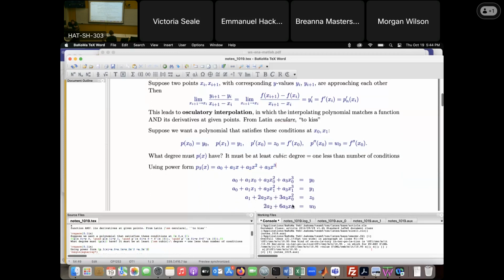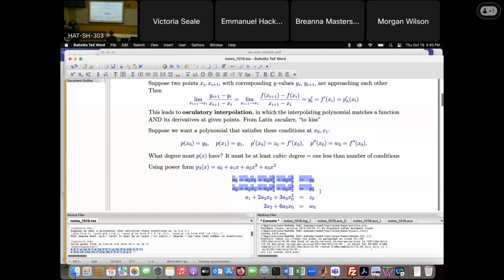So now I set up a system of 4 equations for my 4 conditions, where I solve for my 4 unknowns, the 4 coefficients of my polynomial, a0, a1, a2, a3. The first couple of conditions are what we've seen before from the van der Waals approach, where we plug our x values into our polynomial and require that they equal the corresponding y values. So that's what we get for these first 2 equations.